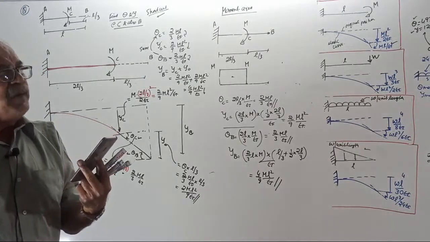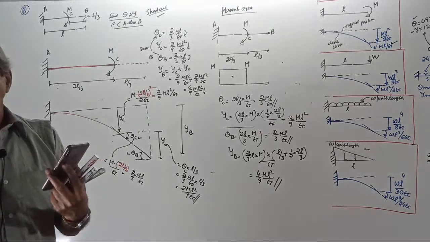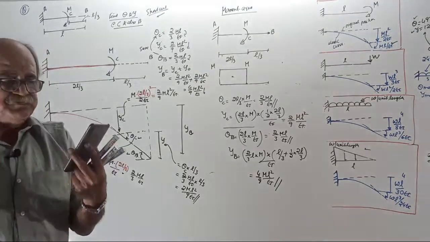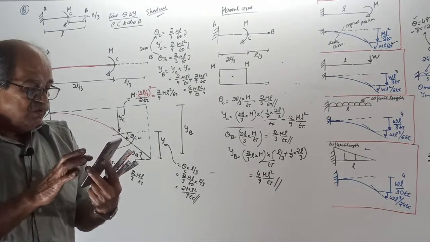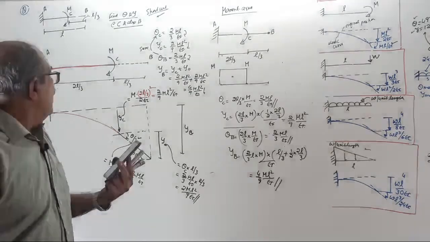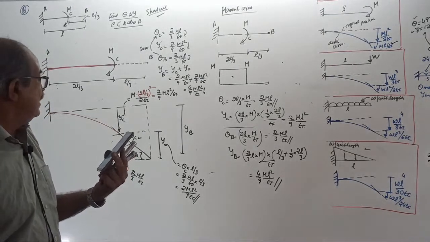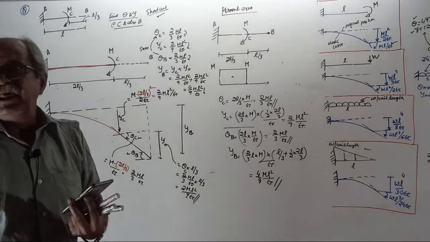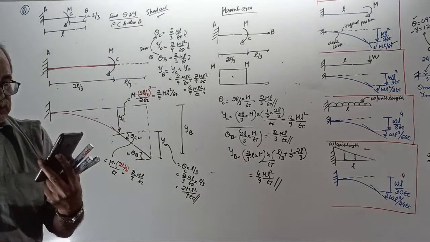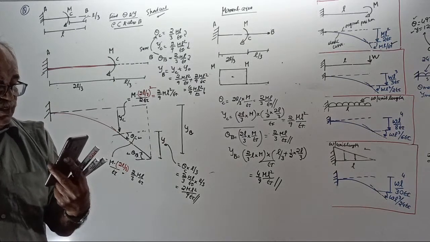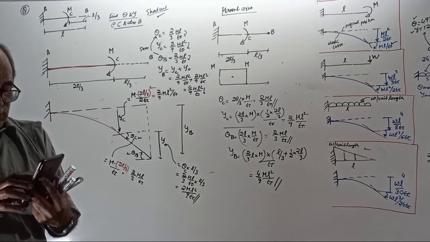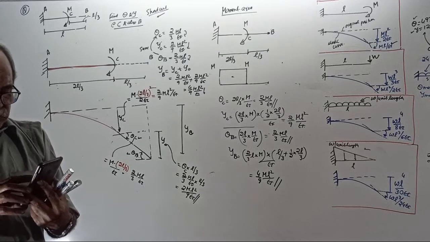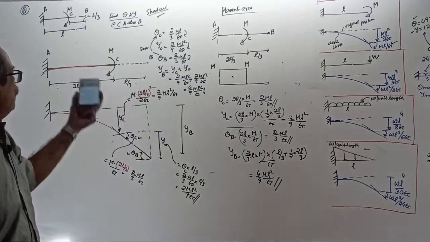I explained the maximum possible. More than that, you cannot find anybody explaining. Just to give one answer, tallying or not tallying, you are taking that much time. Compare the two results by the moment area method and also by the shortcut method. No answer, no reply, nothing. Someone should tell.